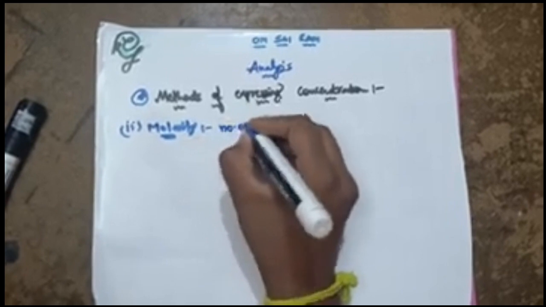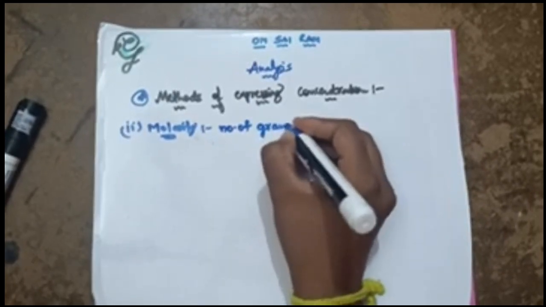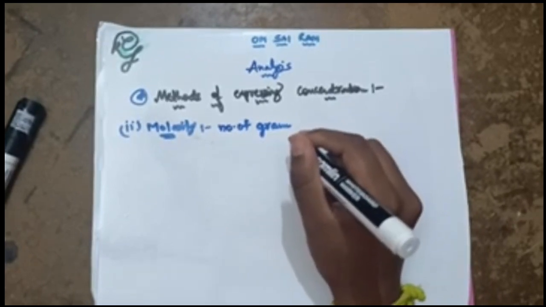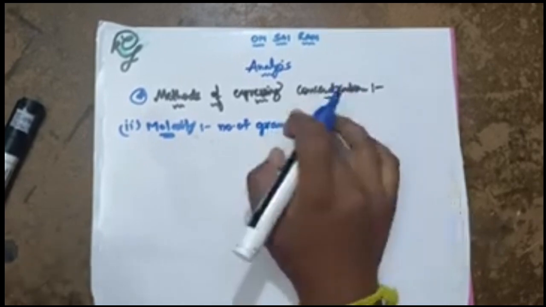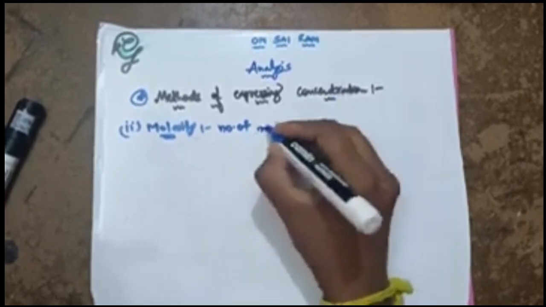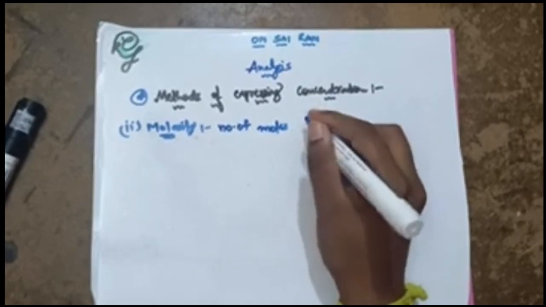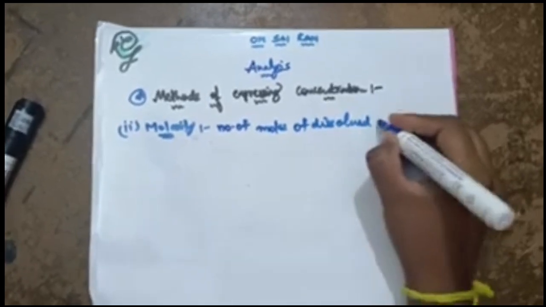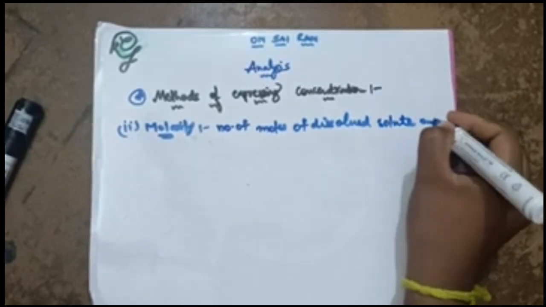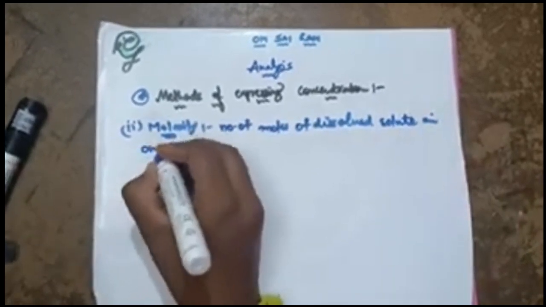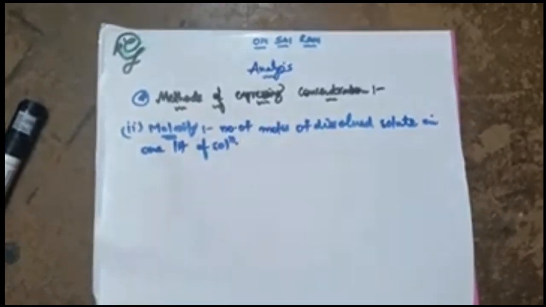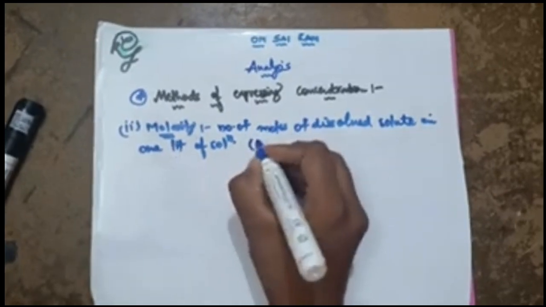It is defined as the number of moles of dissolved solute in 1 liter of solution. It is usually expressed as M.